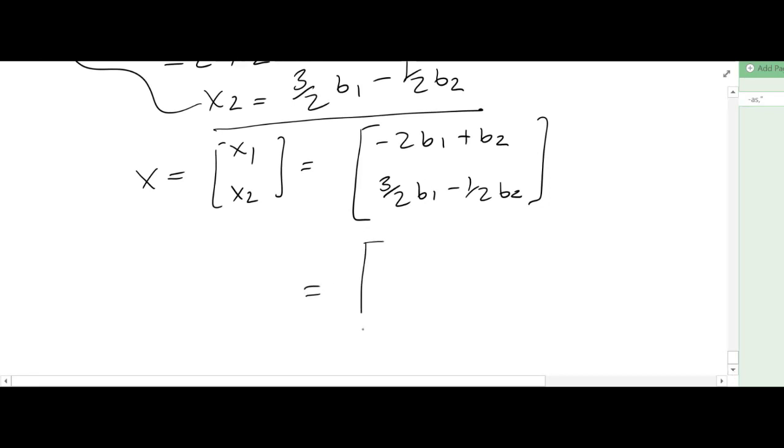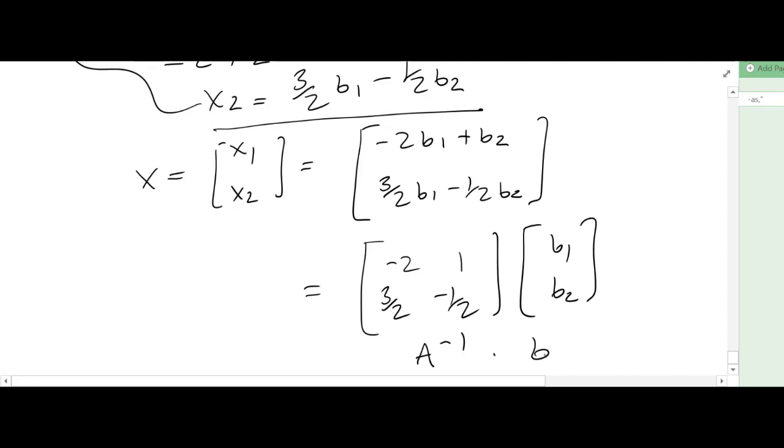You can write this as negative 2, 1, 3 halves, negative 1 half, times b1, b2. So this is A inverse times b. That's how you find the inverse matrix. Later on there are going to be much better ways to compute the inverse of a matrix, but that's how we do it for now.